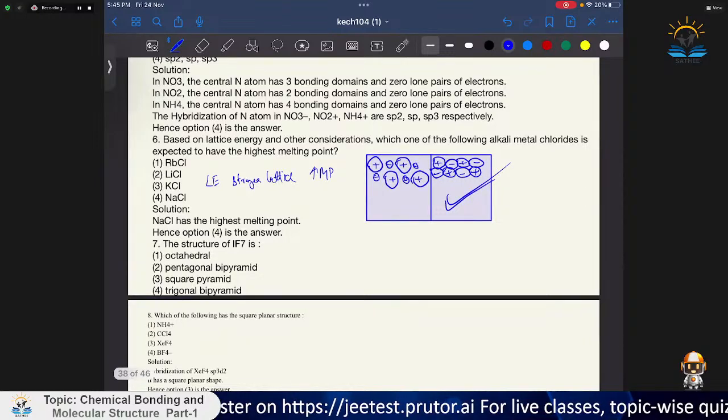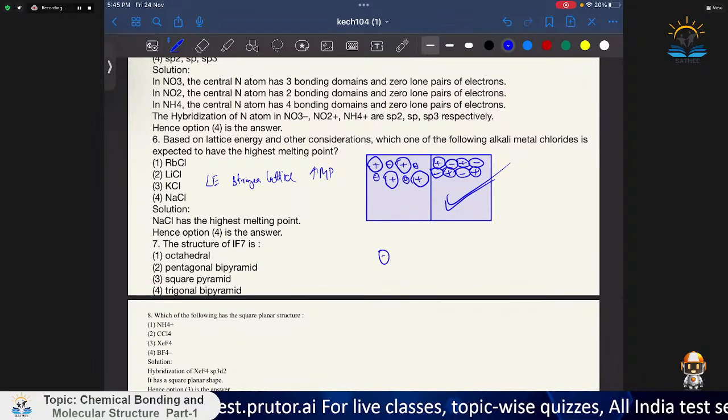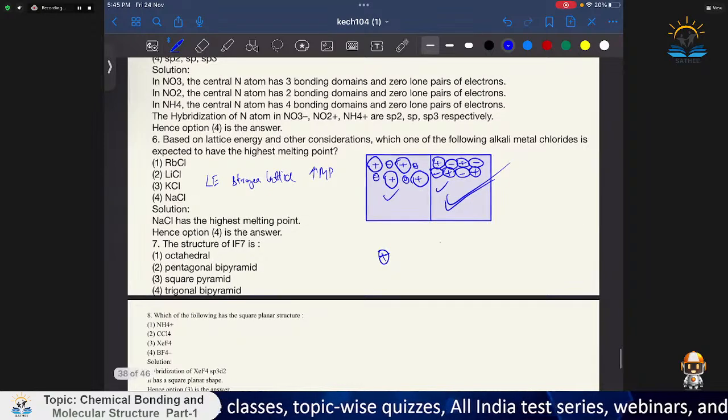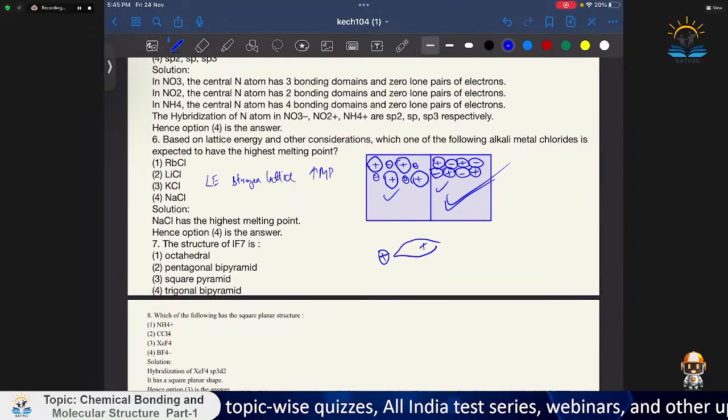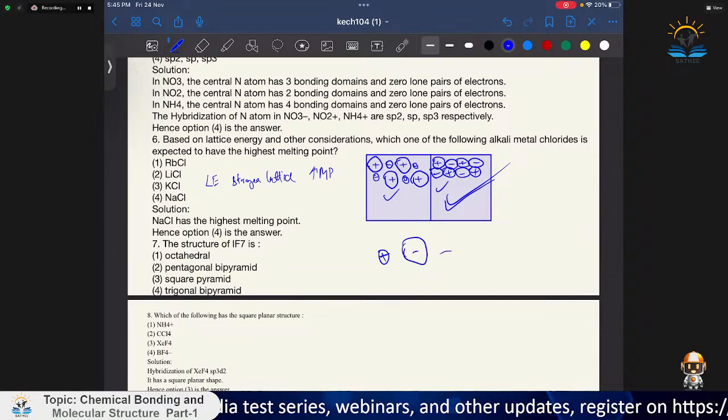The smaller the cation, the more stable the lattice. See, here the cation is large, here the cation is small. Small cations tend to distort the anion. What does distort mean? The anion, instead of being a big circle, usually looks something like this.